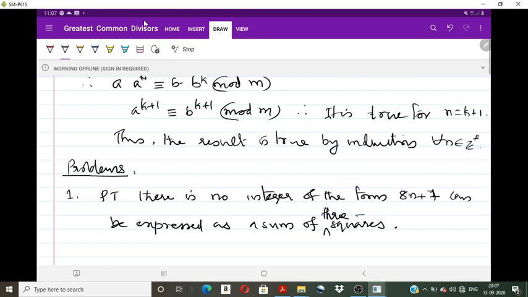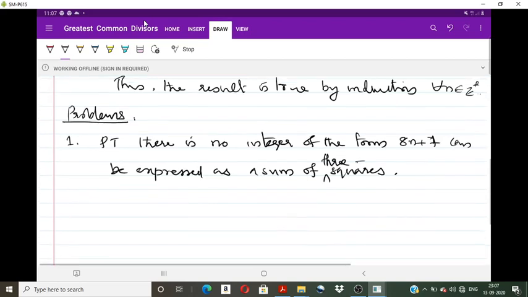That means we need to prove that there is no integer of the form 8n plus 7 which can be expressed as the sum of the squares of three integers.